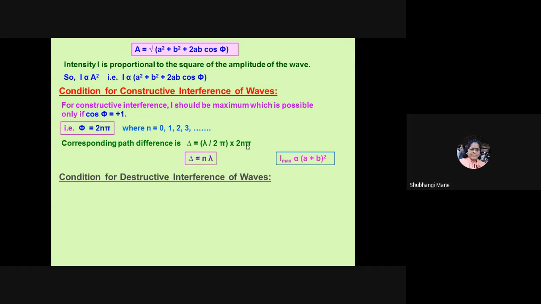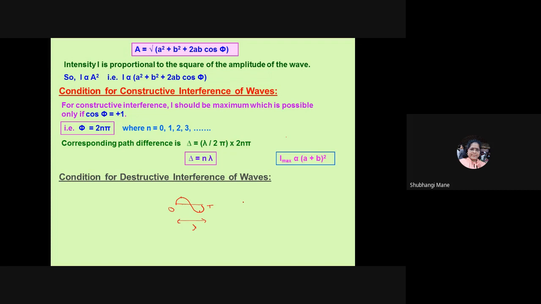Because we know that if this is a wave, it has different characteristics such as time period, phase difference, phase, crest, and trough. The difference between crest and trough is pi radians, and the total distance is lambda.